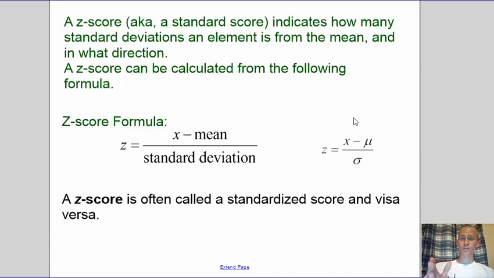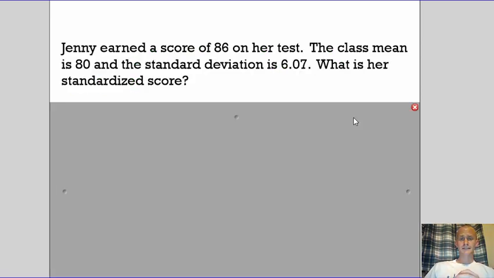Whenever we use the normal Arabic letters, we're talking about a sample. Whenever we switch over to the Greek letters, that's when we indicate we are talking about a population or making some assumptions about our population. A z-score is often called a standardized score. You might hear about standardized tests or something along those lines. We can use those terms interchangeably in stats.